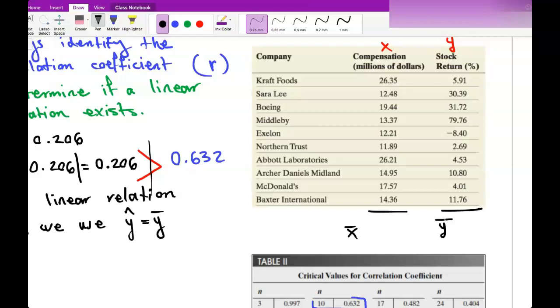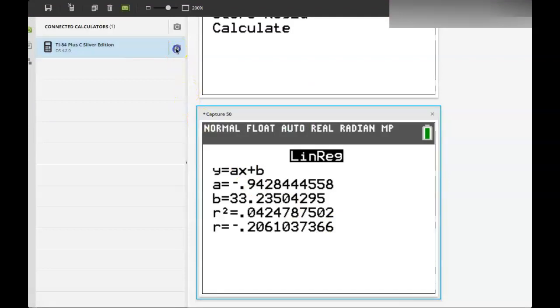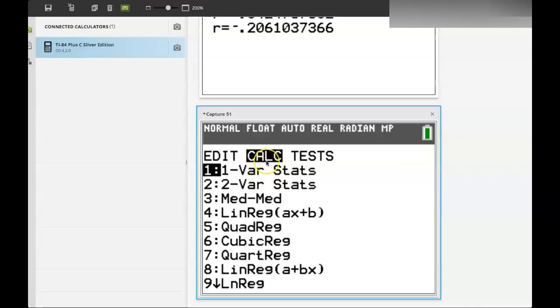So to find X bar, press that, choosing number 1.